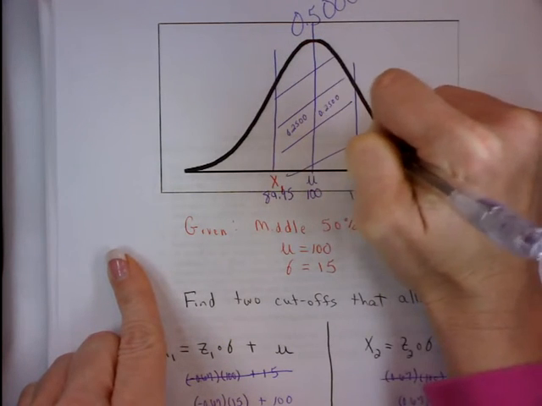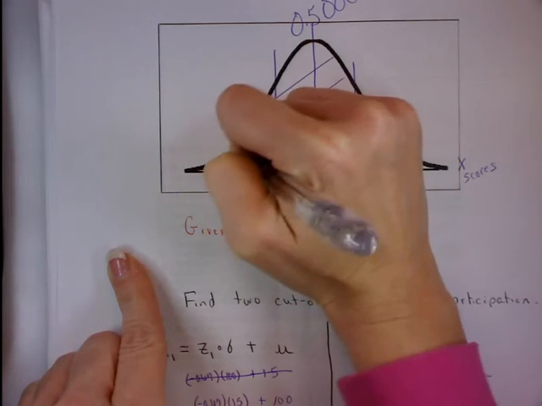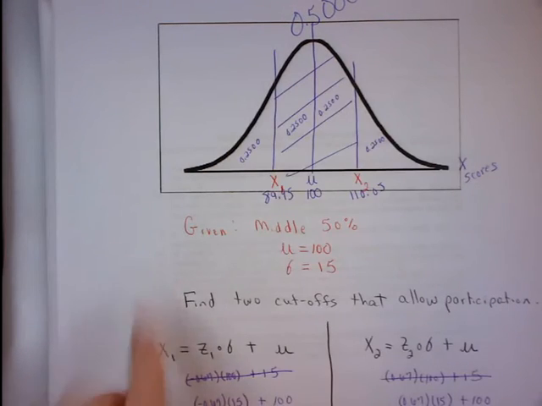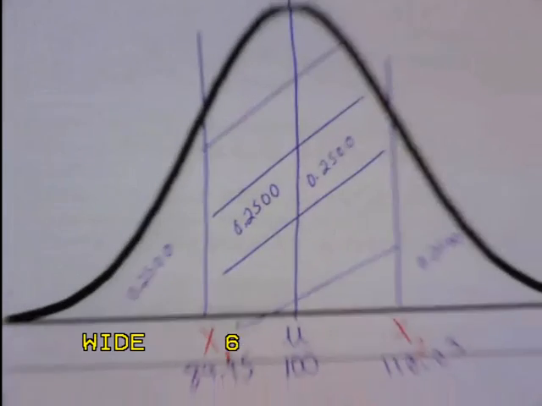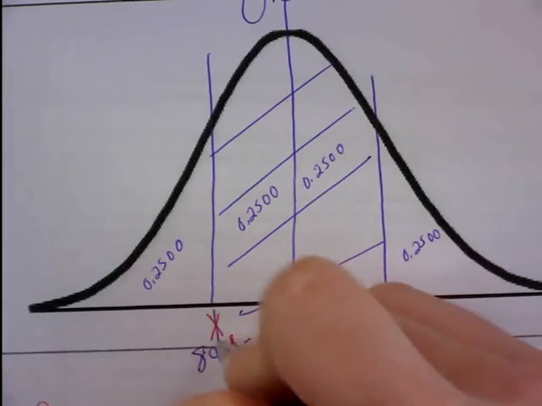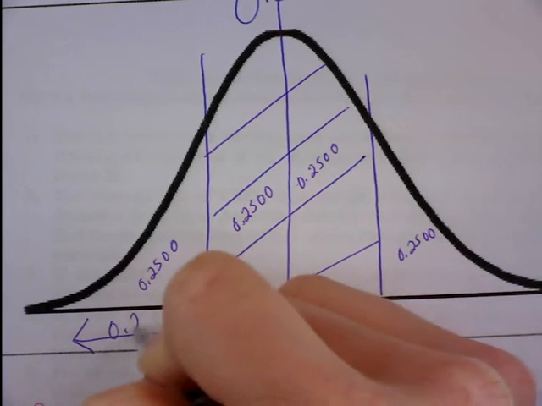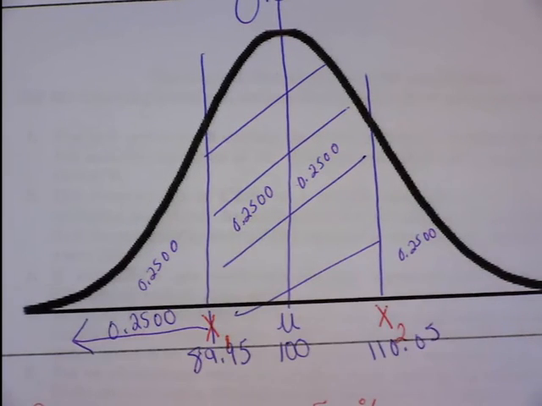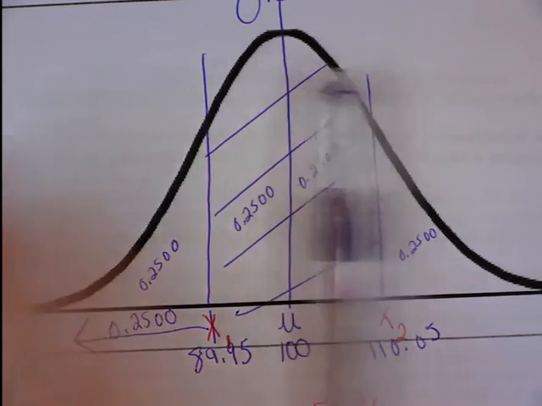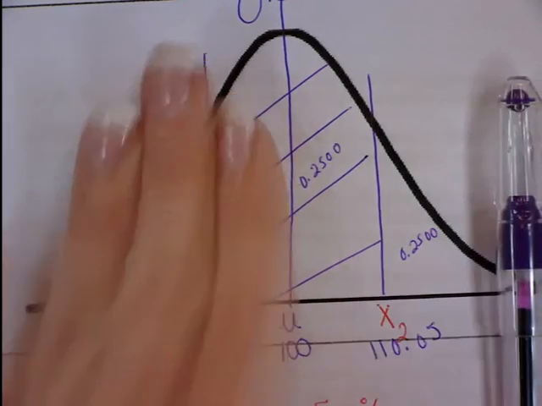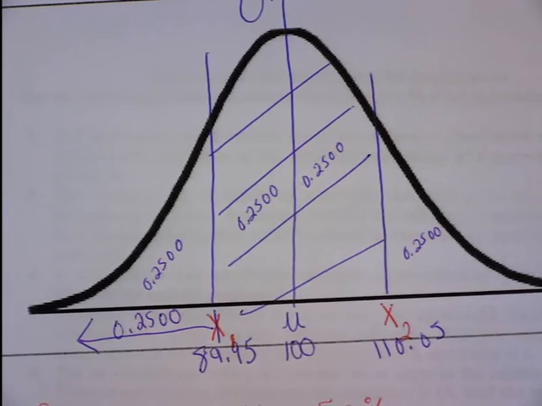Right tail 0.2500, left tail 0.2500. We already discussed that. So to find x1 on the calculator, I hope you see that the area below it is 0.2500, 25%. 25% and 25% is 50%. And you have the middle 50%.